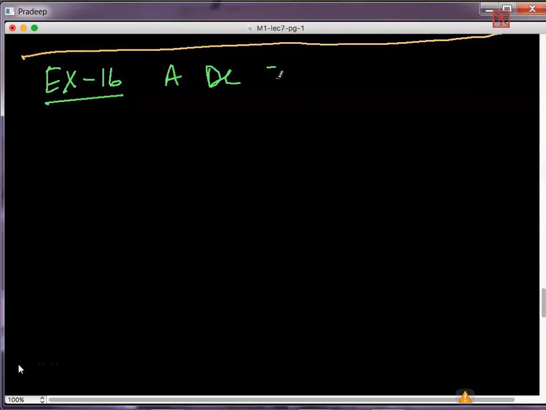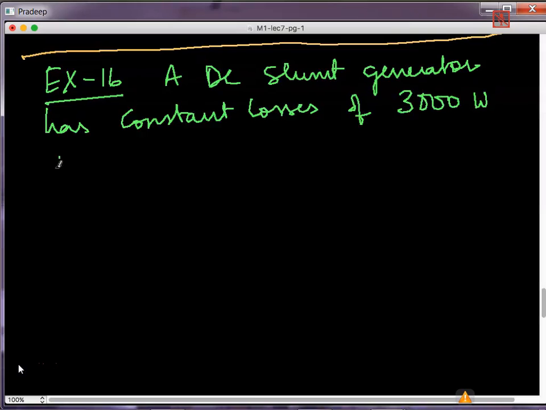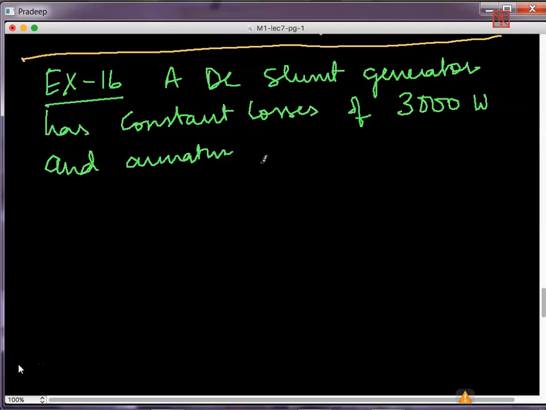A DC shunt generator has constant losses of 3000 watts and armature resistance of 0.05 ohms.